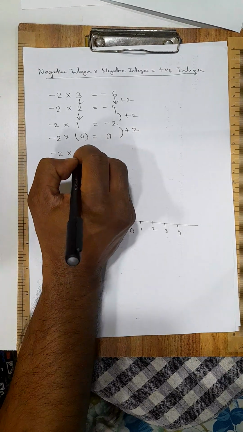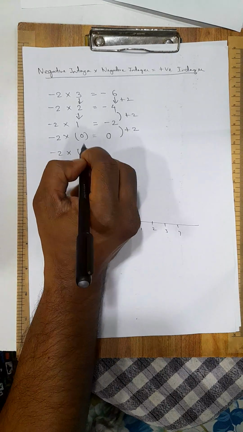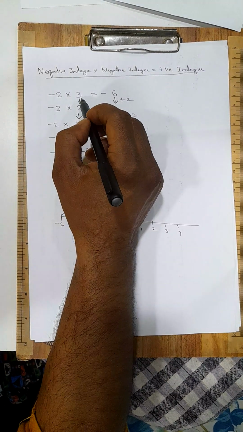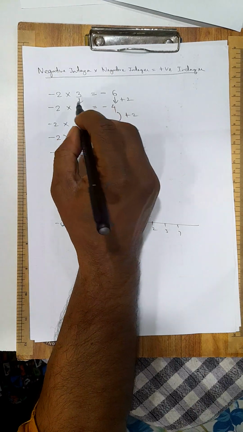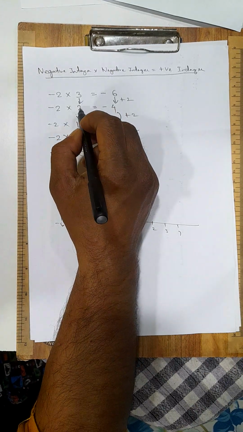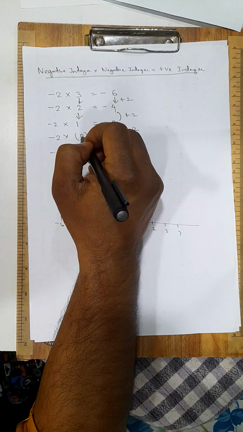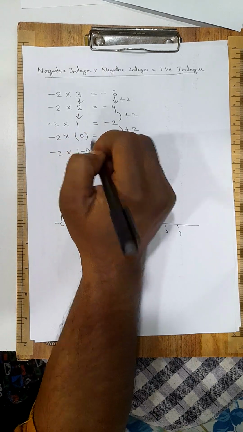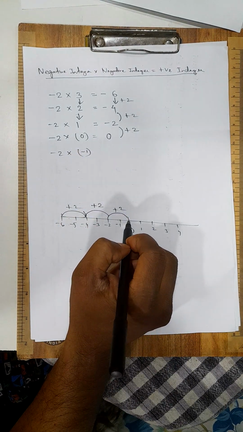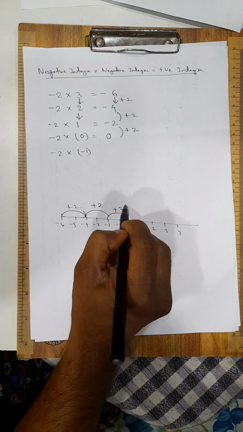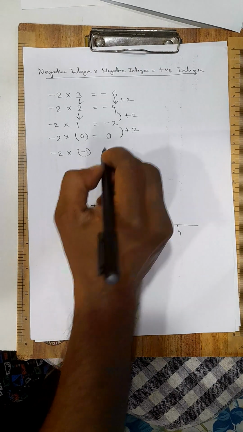-2 multiplied by the next number, which will be -1. Right? We are diminishing from top to bottom 1 by 1. 3 minus 1 equal to 2, 2 minus 1 equal to 1, 1 minus 1 equal to 0, 0 minus 1 means from 0 to the left hand side, that means -1.